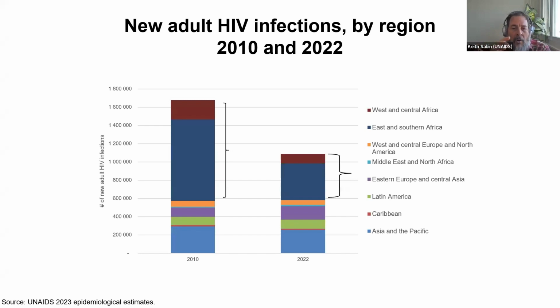And almost all of the change between 2010 and 2022 occurs within those two bars. And then if you look at the rest of the regions, beginning with the orange and working down, those figures have barely changed between 2010 and 2022. So keeping that in mind, let's move to the next slide, please.